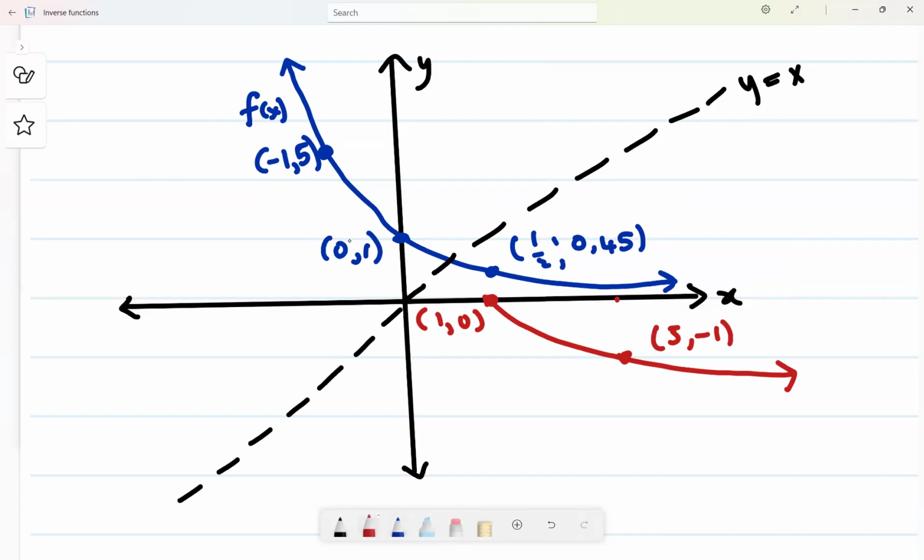So 0.45 is x. If this is 1, 0.45 might be somewhere here. Then half might be somewhere. I'm interchanging this into 0.45 and half. So where's half? Half is somewhere here. My y value is half.